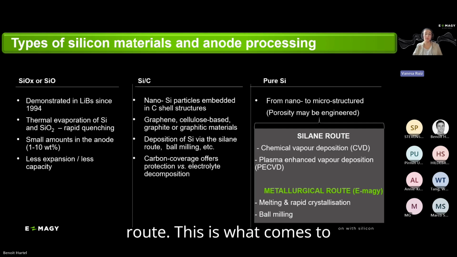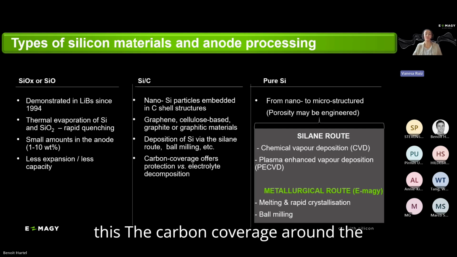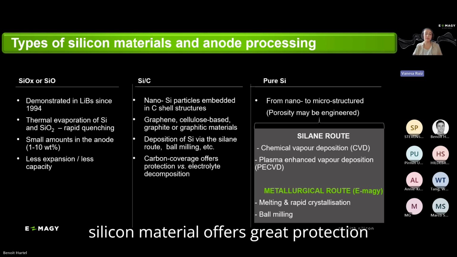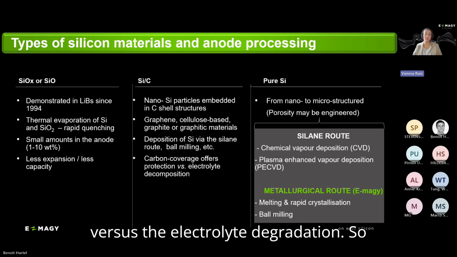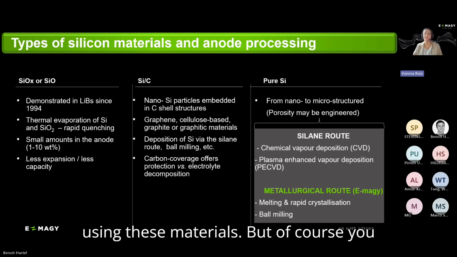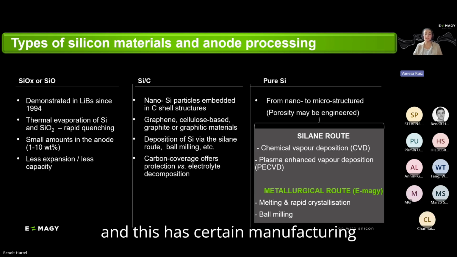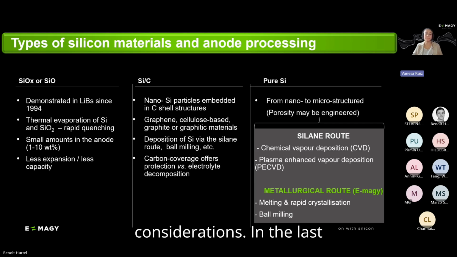This is what comes to mind more typically. Having this carbon coverage around the silicon material offers great protection versus the electrolyte degradation, so there is clearly an advantage of using these materials. But of course, you have to mix the two components, and this has certain manufacturing considerations.